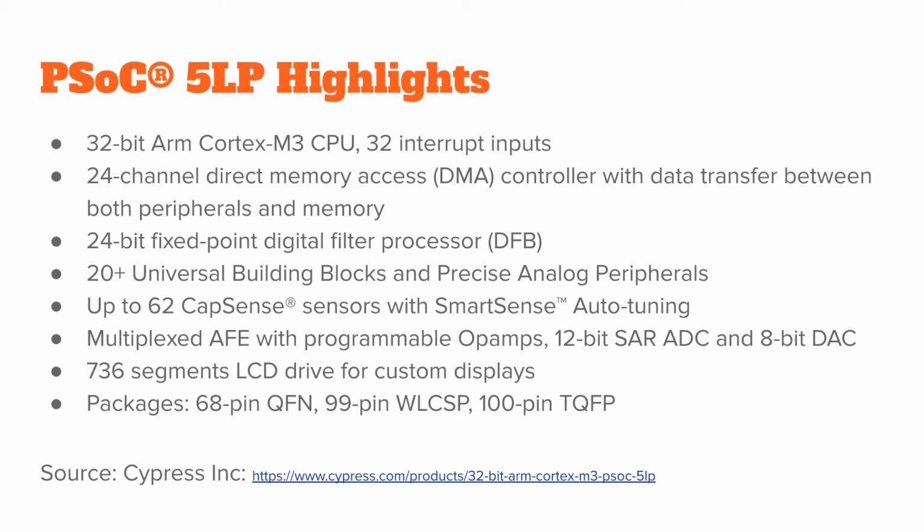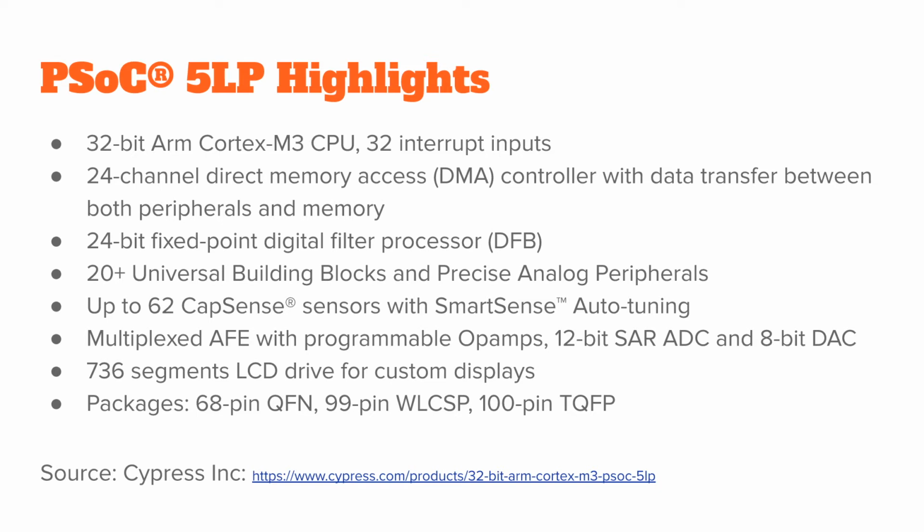It also has a DMA controller and a 24-bit fixed point digital filter processor, so you can actually implement digital filters. So thinking of an application where you need to have a data acquisition system, you can also add digital filter processing on the same chip, one single chip.